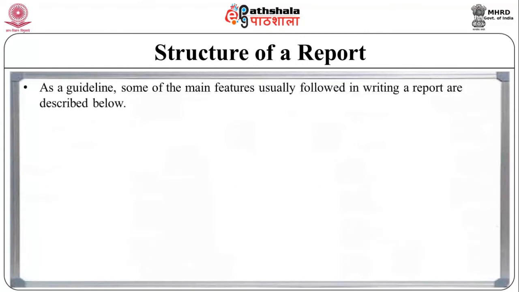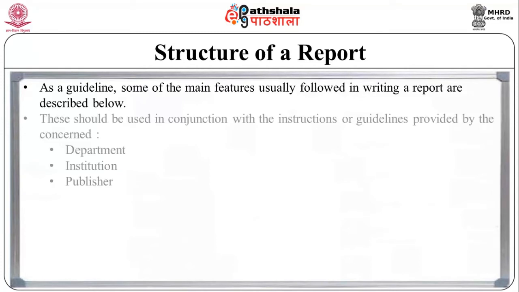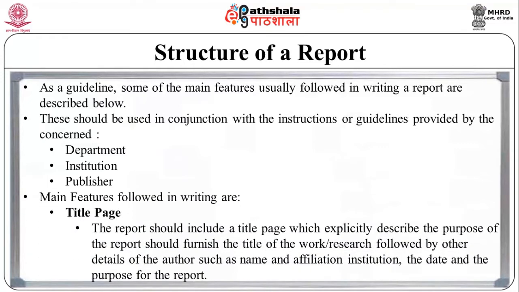As a guideline, some of the main features usually followed in writing a report are described below. These should be used in conjunction with the instructions or guidelines provided by the concerned department, institution, or publisher. Title page.